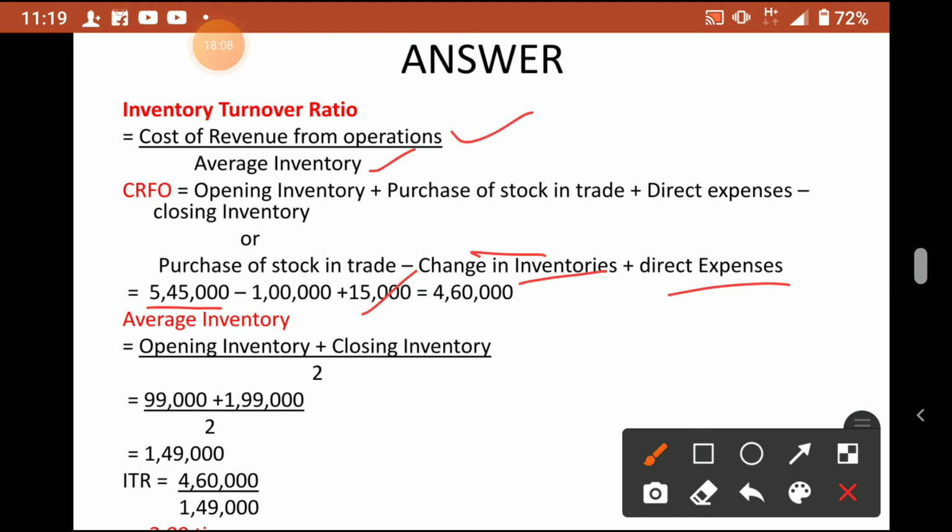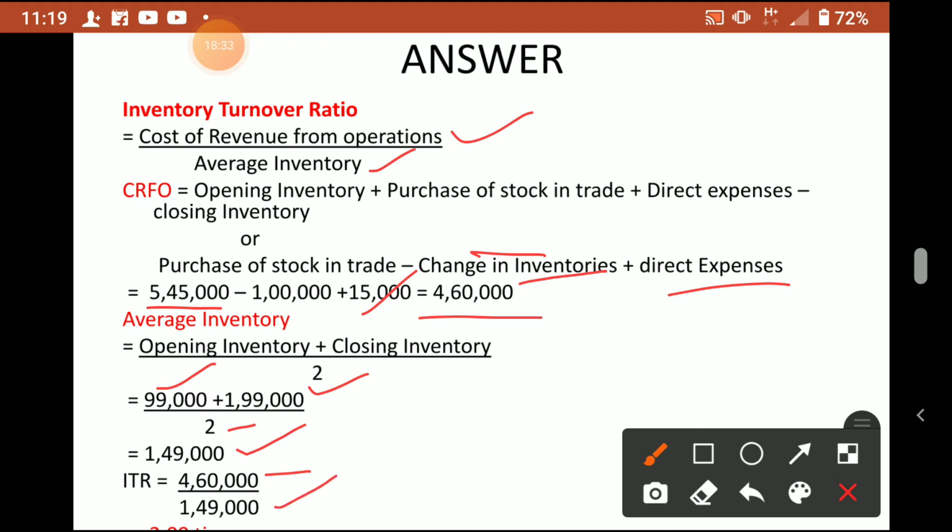Average inventory means opening inventory plus closing inventory divided by 2. So opening inventory 99,000, closing inventory 1,99,000, divided by 2. That will come to 1,49,000. So now what to do? Apply in the equation: cost of revenue from operations 4,60,000 divided by average inventory 1,49,000.